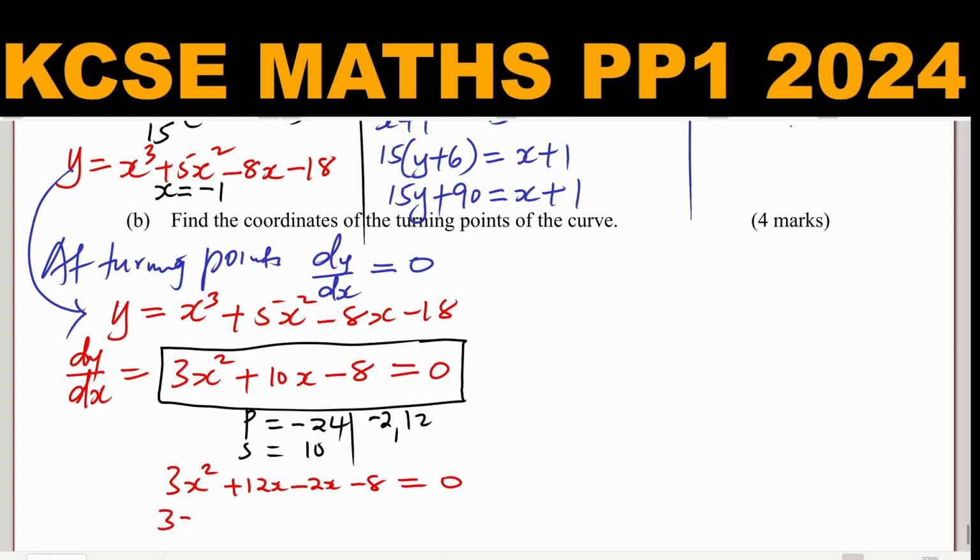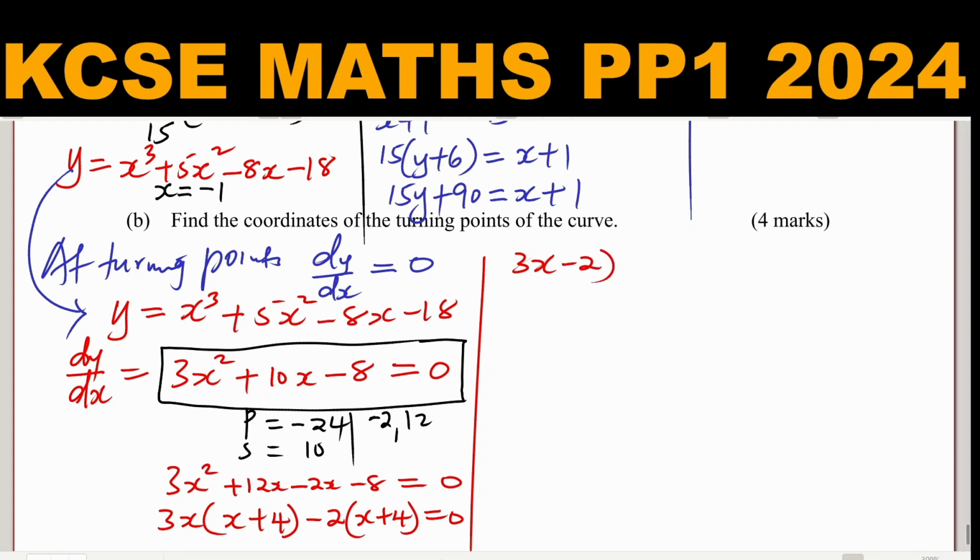Let me factorize. 3x is common, and minus 2 is common, so x plus 4 is common. This simplifies to 3x subtract 2, and then x plus 4 is equal to 0.